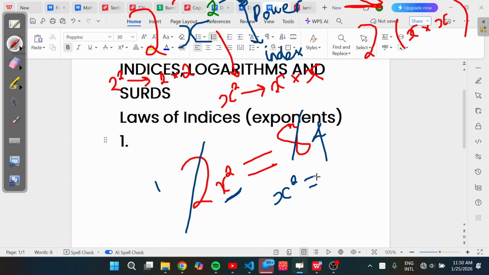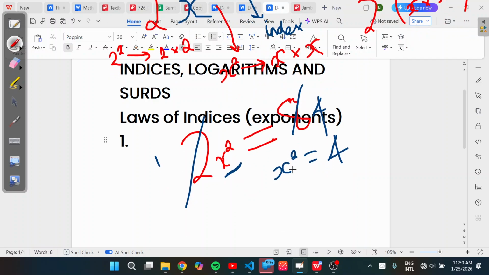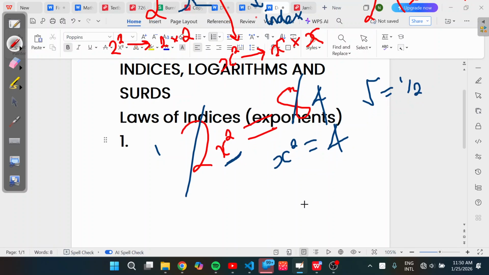is equal to 4, and there's no more coefficient to divide both sides by, but we have a power, and this is a square, so the opposite of the square is what? Square root. So we're going to take the square root of both sides, because the square root is equal to 1 over 2. I know I'm not supposed to be doing this, but I want you guys to understand. So if we take the square root of both sides, we can remove this square.